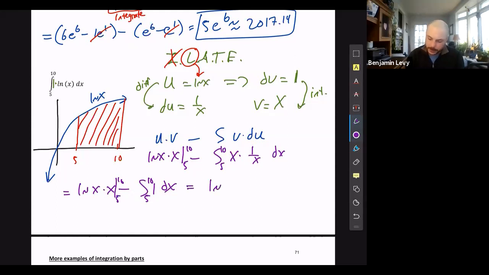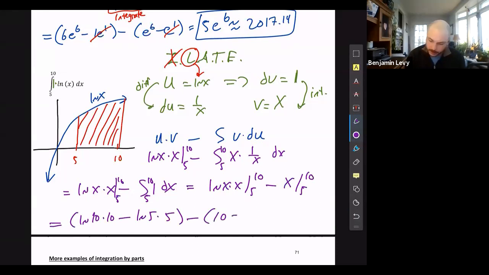So I'll write that step down too. Right, you just plug the numbers in at this point. And it ends up being this. Oops, except you plug in the top number first. ln 10 times 10 minus ln 5 times 5 minus 10 minus 5.